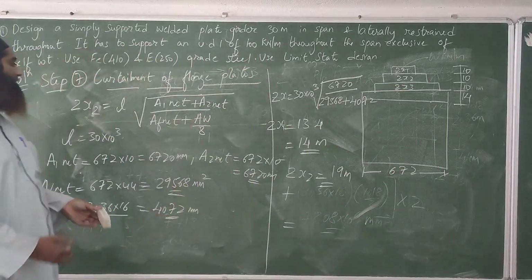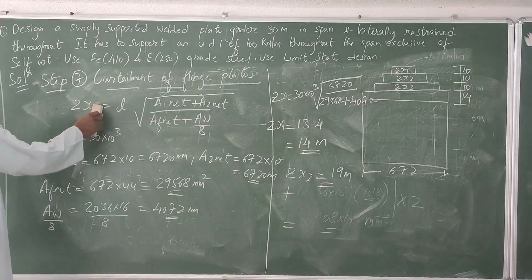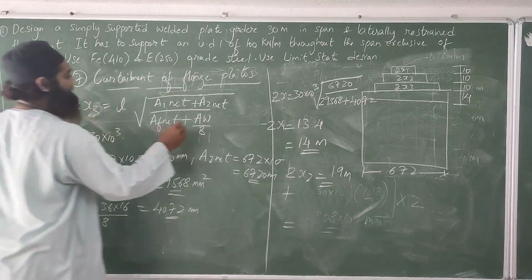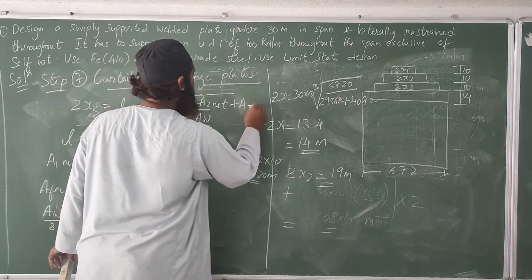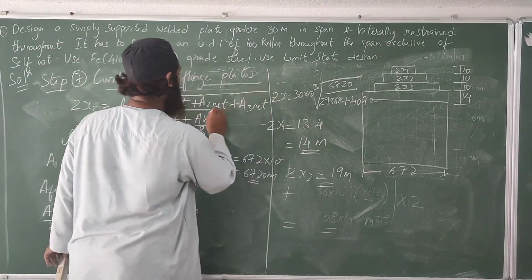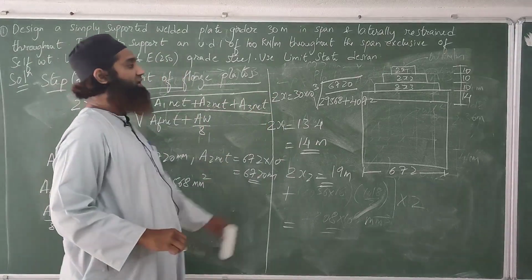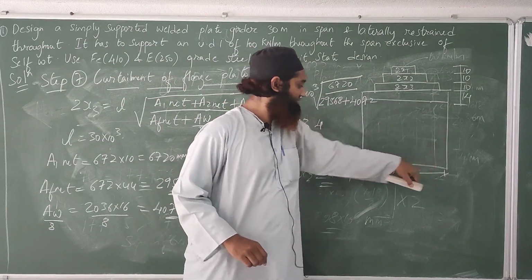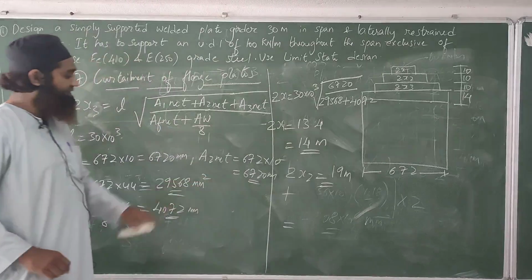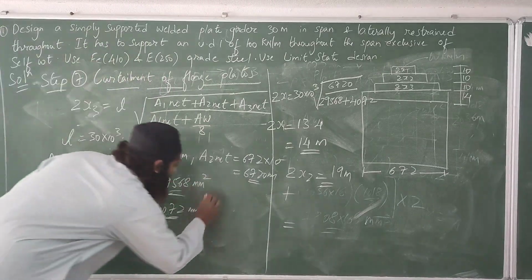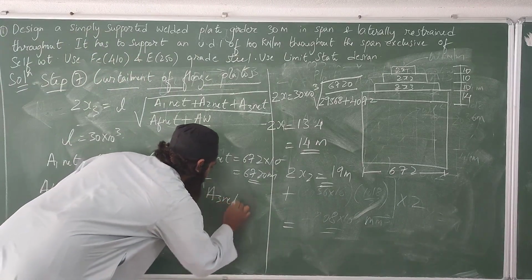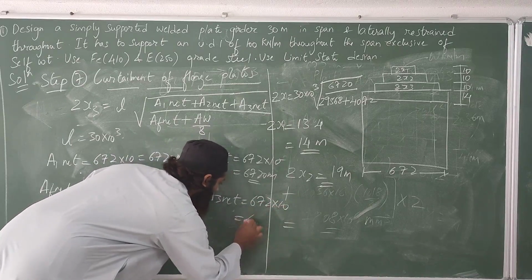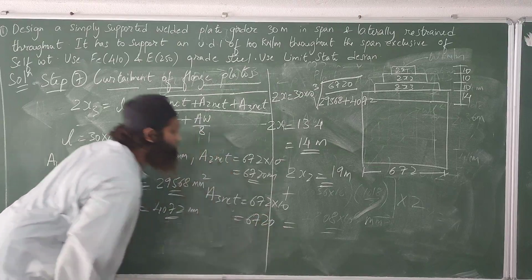Same way we'll have to find out 2x3 also. And that also is the same. We'll just have to add A3 net here. A3 net is also the size of the third plate. Size of the third plate is also 10 mm and 672, the same way A3 net will also be 6720 again.